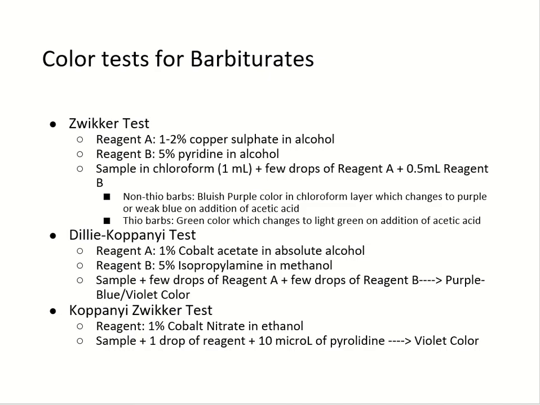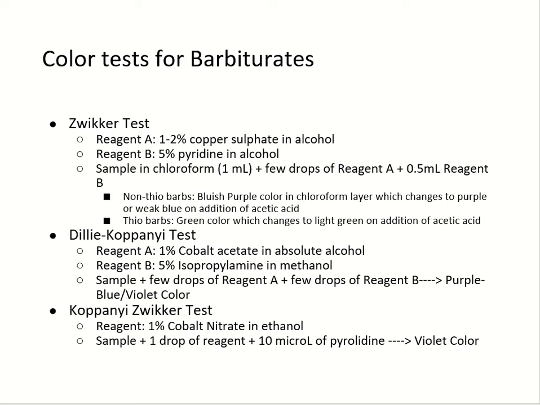Color tests for barbiturates. First is the Zwicker test, which consists of two reagents, reagent A and reagent B. Reagent A is 1 to 2% copper sulfate in alcohol, and reagent B is 5% pyridine in alcohol. The sample is taken in chloroform.